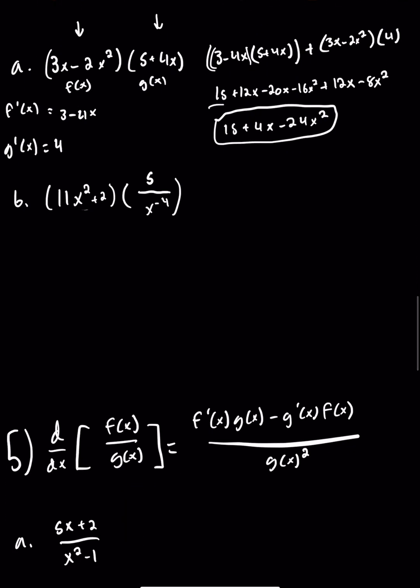Now let's look at this one, a little bit more interesting. This will be our f of x. This will be our g of x. Now f prime of x is what we need to find, and same with g prime of x. That will equal 22x.